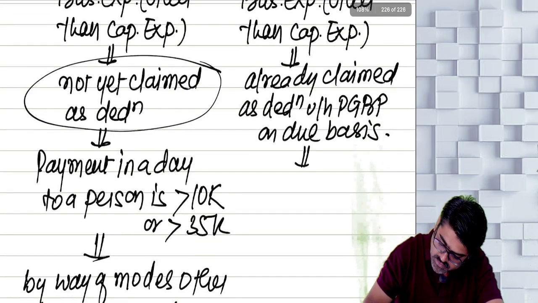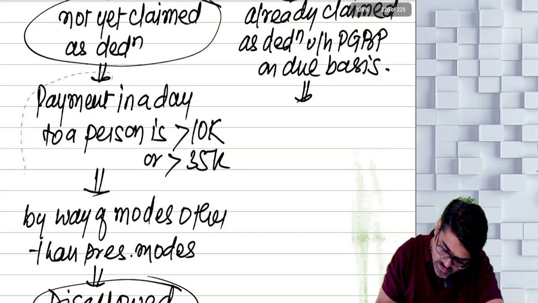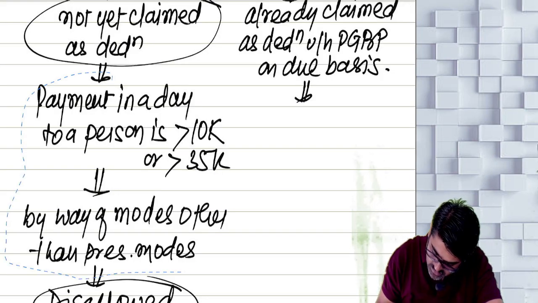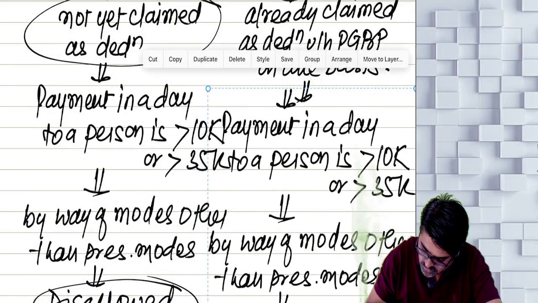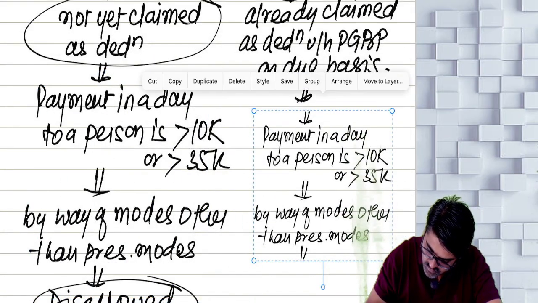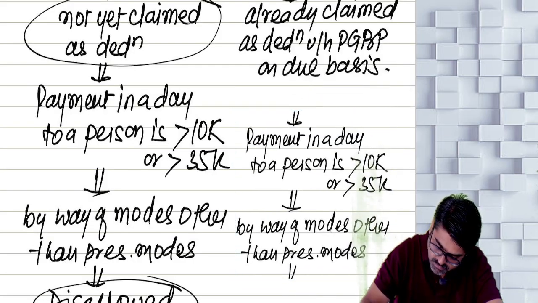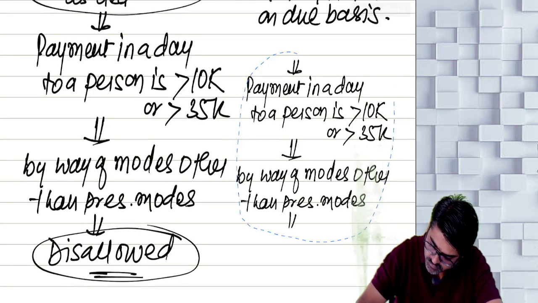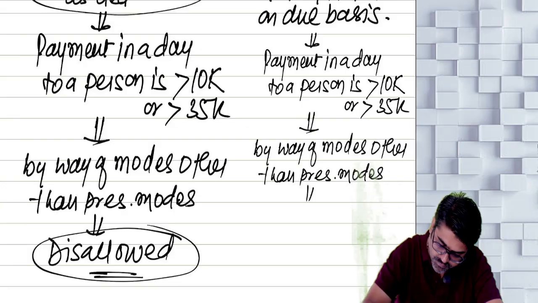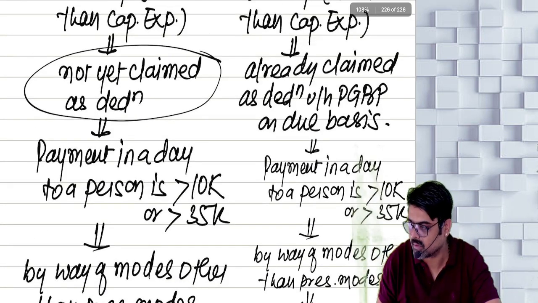Now, for this, the payment in a day is made to a person other than by prescribed modes. Yes or no? Payment is made in a day to a person other than prescribed modes. Then how can you disallow something which was already allowed?